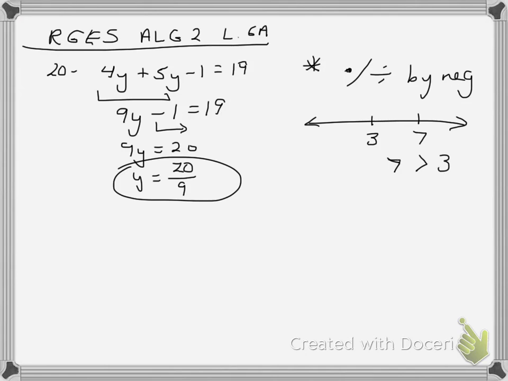But if we multiplied by negative 1 on both sides of the, which in this case is not an equation but an inequality, we would get negative 7, and if we left that inequality sign as it was, we'd say negative 7 is greater than negative 3, but that is not the case.